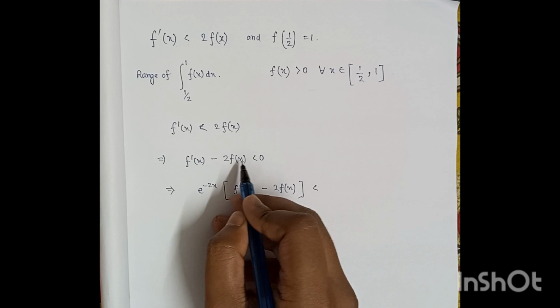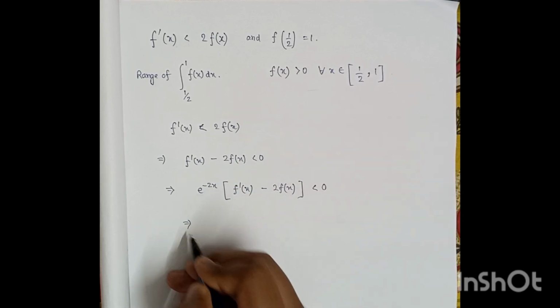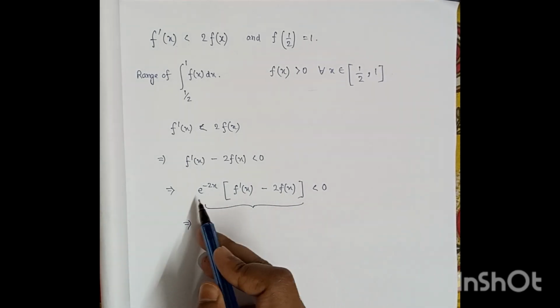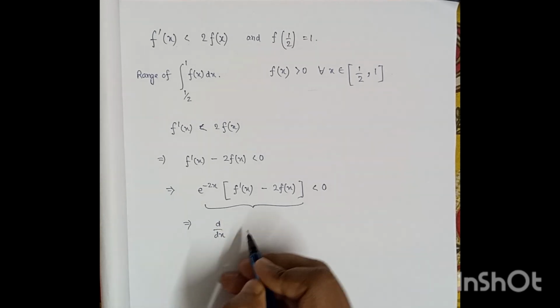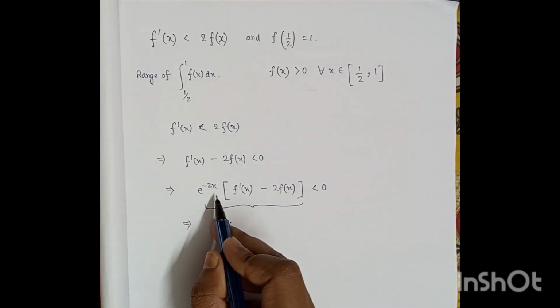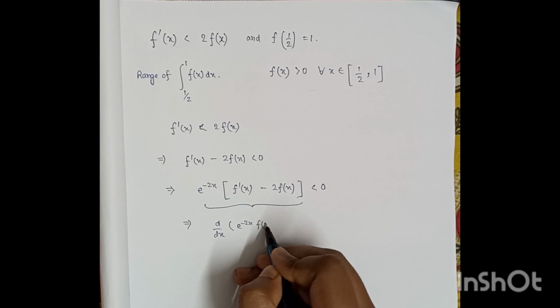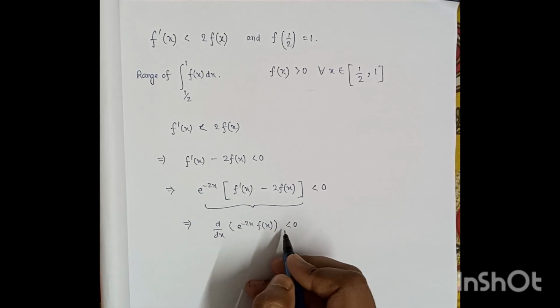Less than e to the power minus 2x into 0 will be 0, and then this left hand side will become the derivative of the function with respect to x, and the function inside will be e to the power minus 2x times f(x), and this derivative is less than 0.